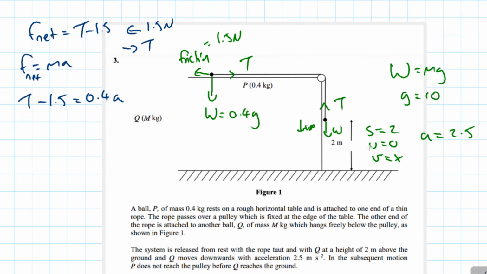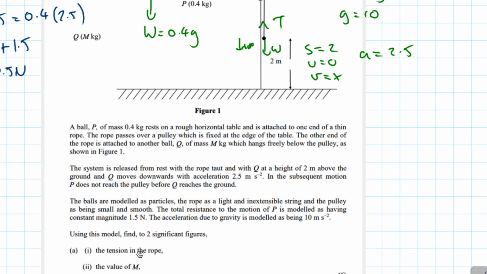But if Q accelerates downwards at 2.5, P must accelerate at the same rate because they're connected together. So a is equal to 2.5. Therefore T minus 1.5 equals 0.4 times 2.5, which is 1. So 1 plus 1.5 is equal to T, so T is equal to 2.5 newtons.